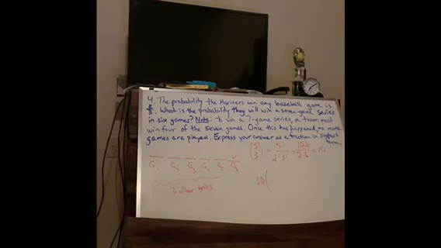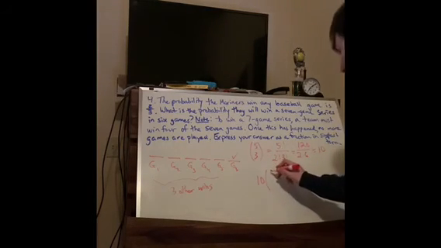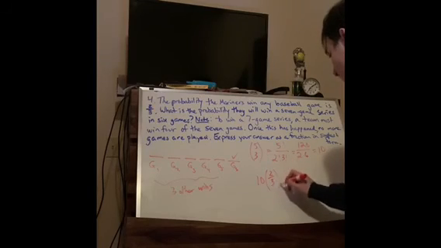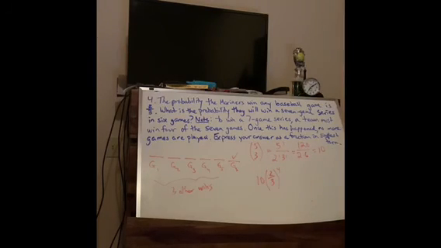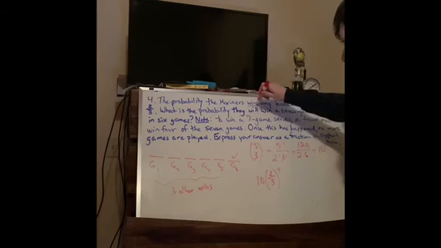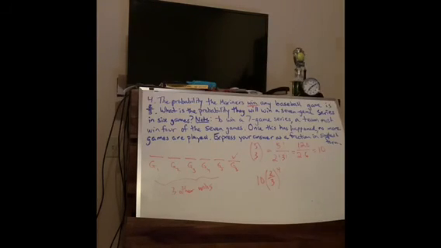Well, they won 4 games out of the 6. So the probability they win is 2/3, 4 times. Well, what about the other 2 games? They must have lost, and it's fine if they lose too, meaning we need to take the complement. The probability they win is 2/3, so the probability they lose is 1/3, because 1 minus 2/3.